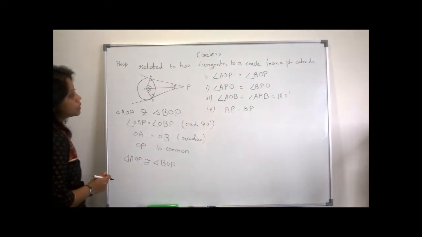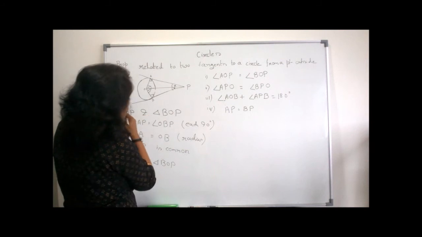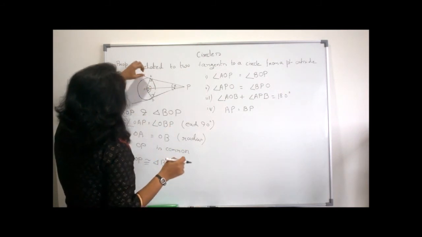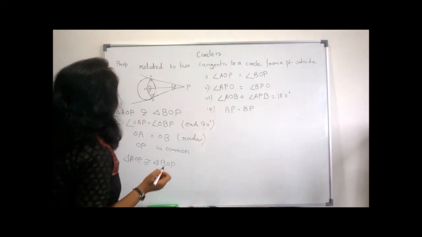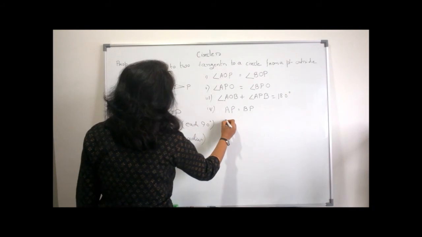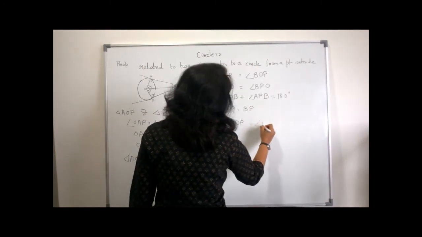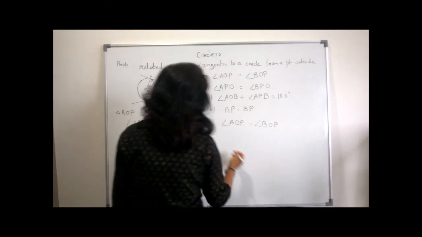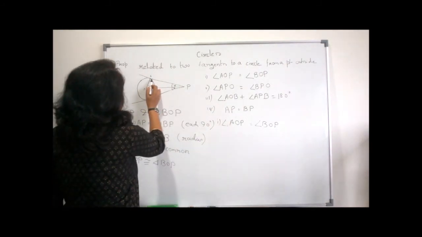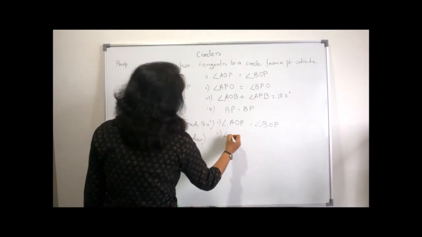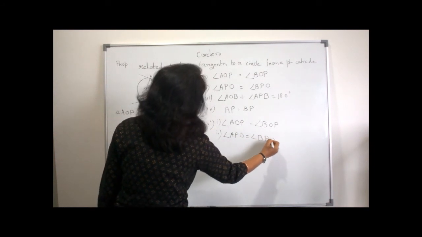So from here we can say that first of all angle AOP and this angle are equal, so angle AOP and angle BOP are equal, and also angle APO and angle BPO are equal.